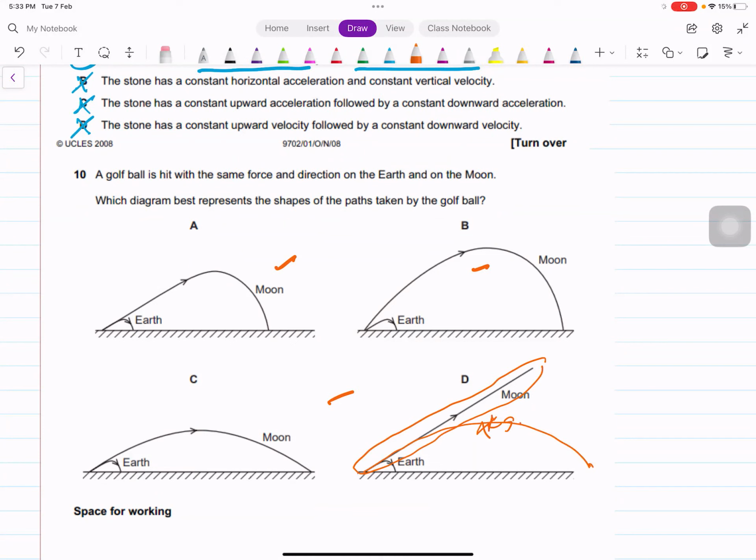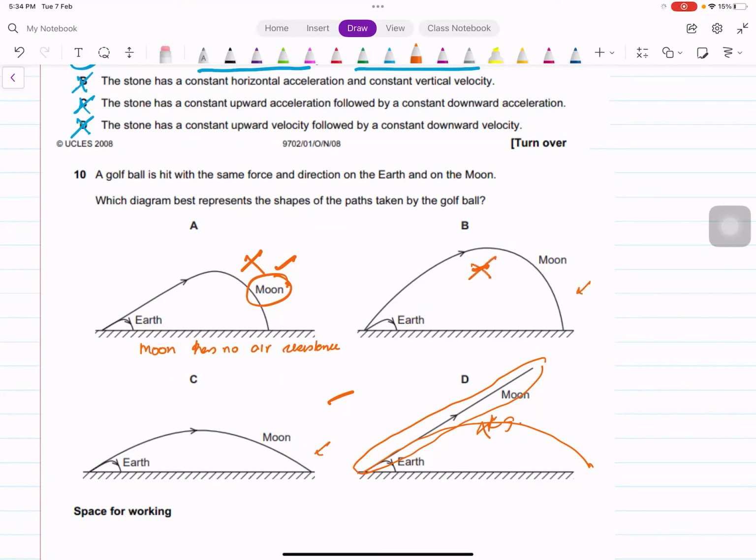Now, why is this wrong? Because the moon does not have air resistance, which would slow down the speed of the stone horizontally. So that would be wrong. So I'm going to write: moon has no air resistance. All right, so that's why it is this. So ideally we'll come up with this one and this one.